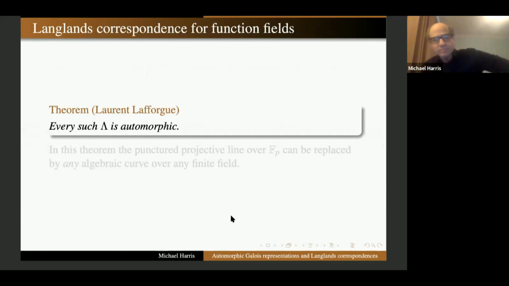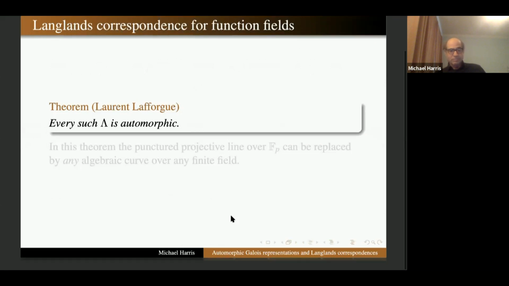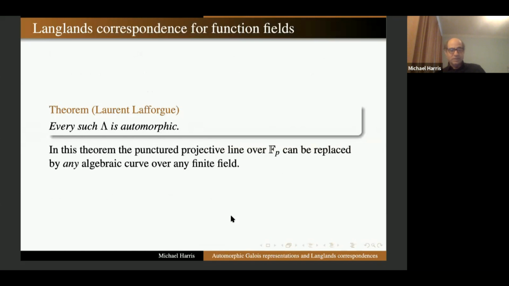Well, here's the theorem of Laurent Lafforgue. Every lambda is automorphic. And actually, he wasn't concerned only with the punctured projective line. His theorem states that if you take a local system over a punctured curve, an algebraic curve over any finite field, an analytic local system is always automorphic.